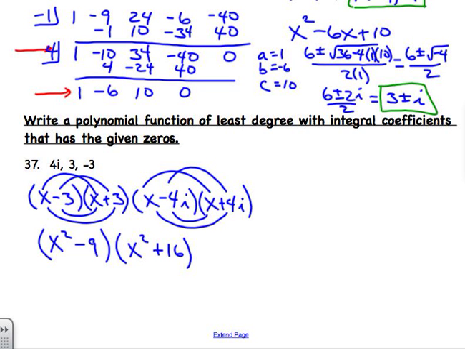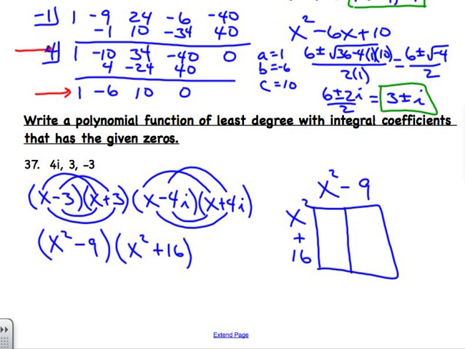Now I still have two more things to multiply together. I could use FOIL because they're binomials, or I could try the area model, which you can always do on any kind of polynomial multiplication. Since we did FOIL the first time, I'm going to use the area model this time. I'll take x squared minus 9 and make it the width, and x squared plus 16 to make the length, and then I'll make sure every box is filled in.